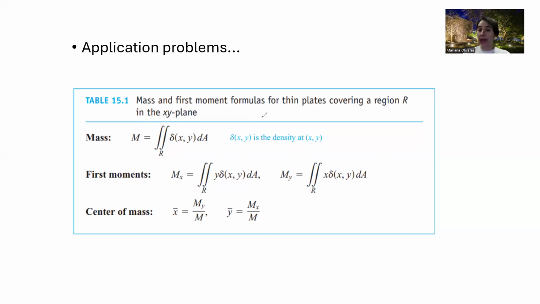Let's try to explain what we have here. Remember that there are 3 types of density. We can have linear density, we can have surface density, and volumetric density.